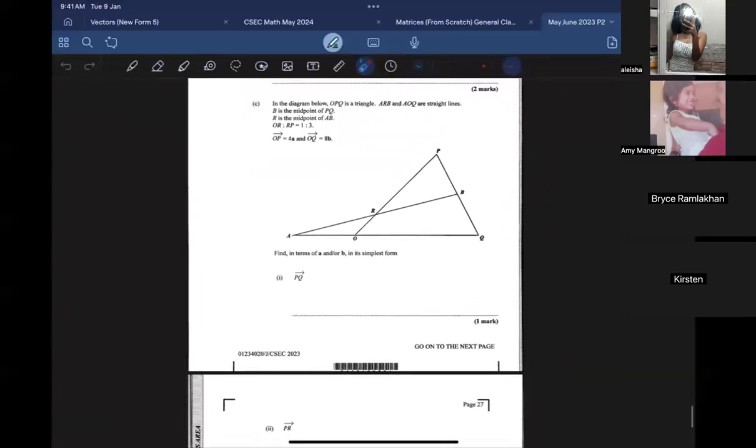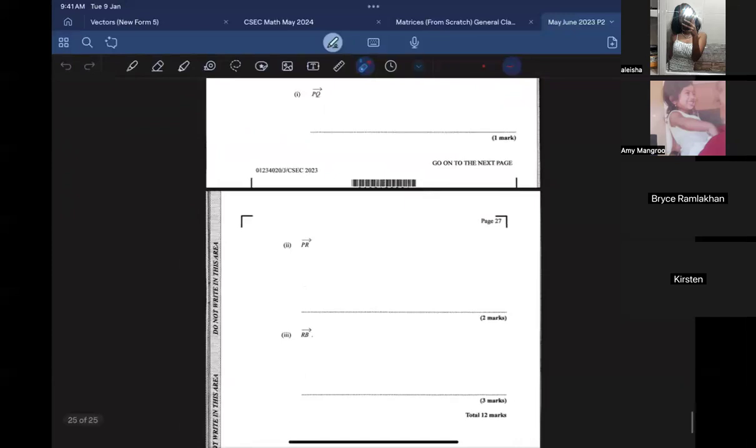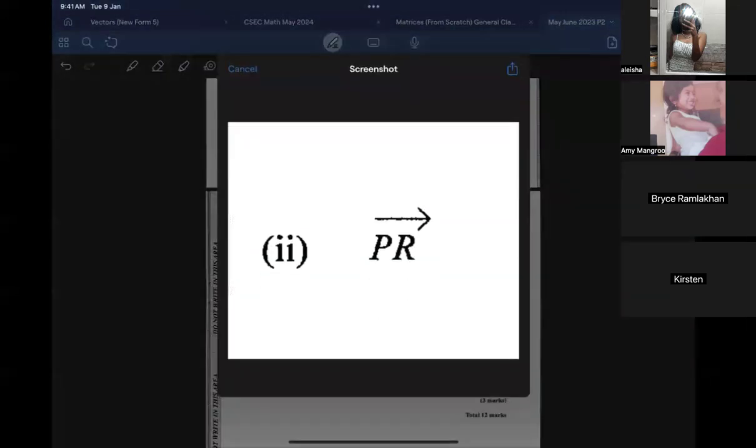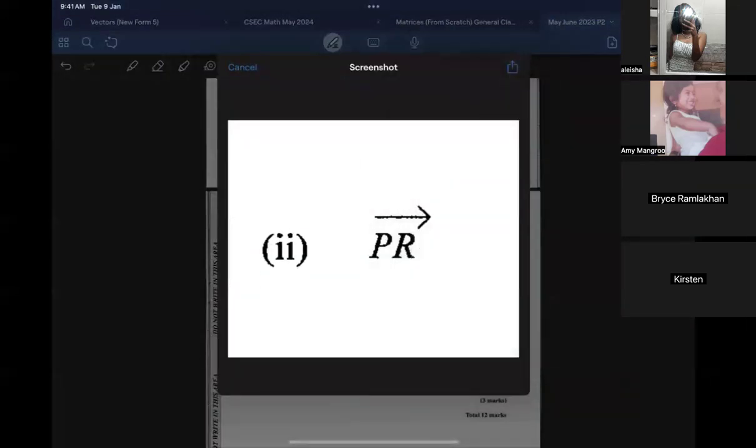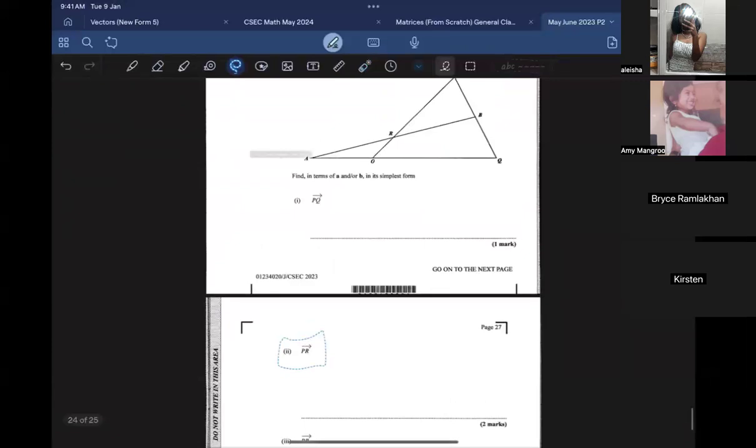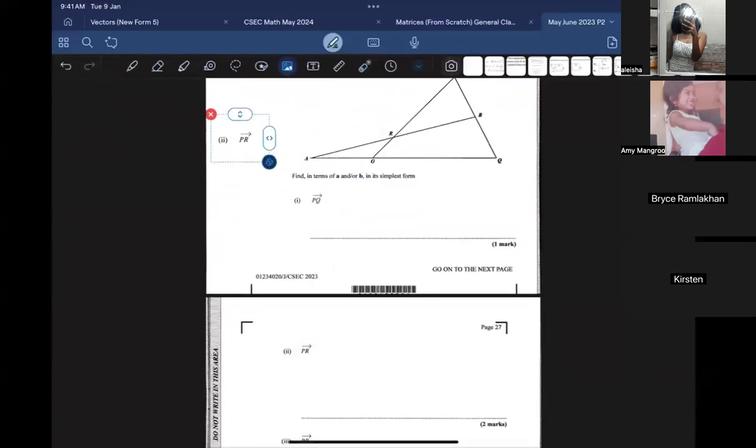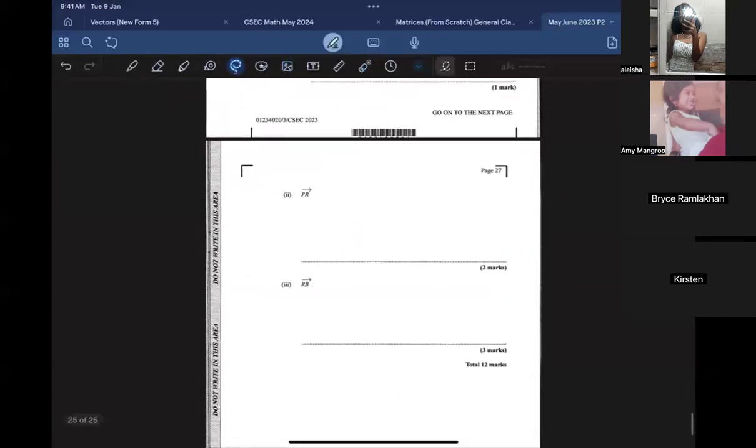Wait, let me just... And guys, don't feel bad if you don't figure it out on the first try. It's fine. We're all learning. There's nothing wrong with that.